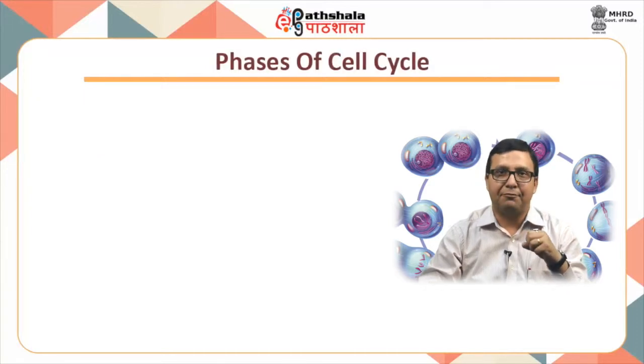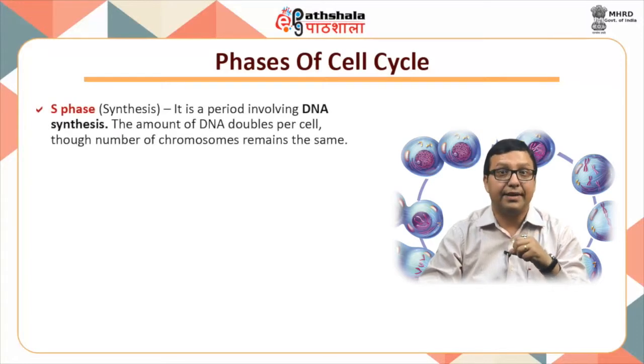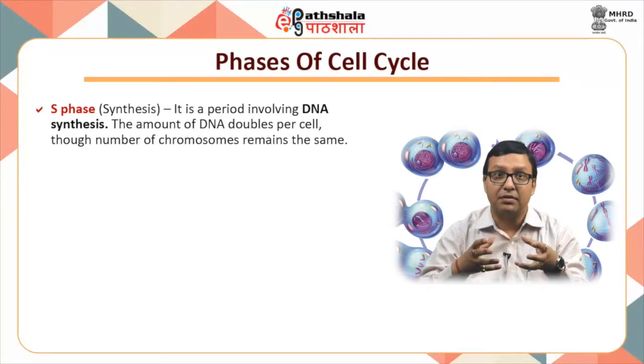After the preparatory gap phase 1, the cell enters another phase known as S phase. During this phase, the parent cell replicates its DNA. An important point to keep in mind is that only the amount of DNA doubles per cell, but the number of chromosomes remains the same.